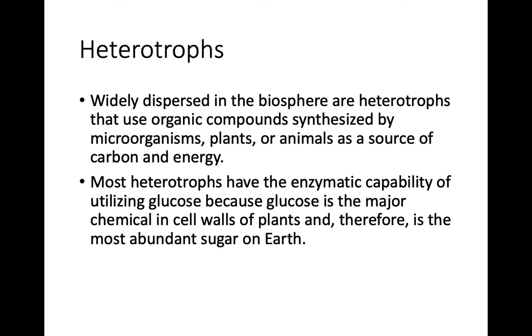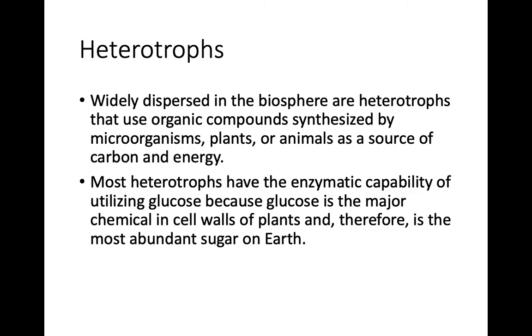In terms of distribution, heterotrophs are the most widely dispersed microbial group on our planet. The characteristic that they all have is they make use of pre-made compounds, already available in the environment.